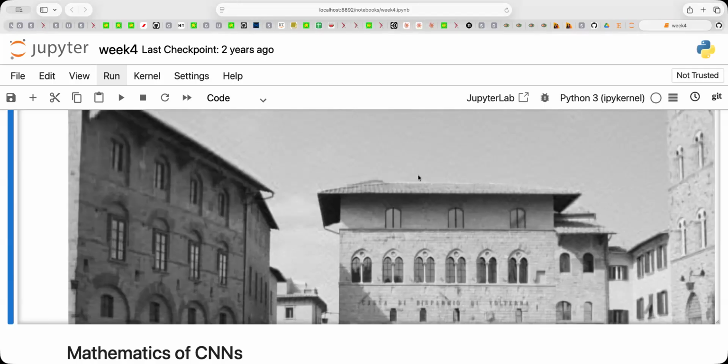So what I'm showing here is just a standalone case without the convolutional neural networks. I'm using the mathematics of the singular value decomposition, which allows me to decompose the information in terms of two orthogonal matrices.